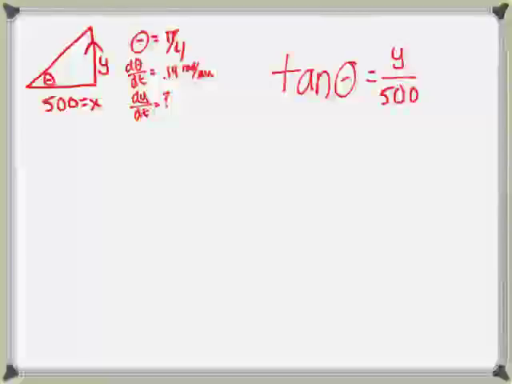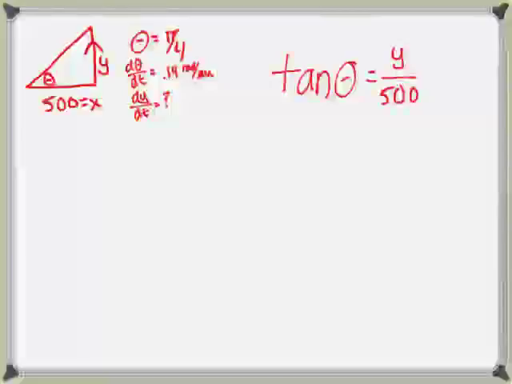So that's where in the strategy it said we can plug it in as long as it's not changing. That rangefinder is staying where it is on the ground. It's changing in terms of angle, but it's not getting closer to or further away from the point of liftoff. So since 500 is staying constant, we can plug it in. But theta is changing and y is changing, so even though we may have values for them, we don't want to plug them in yet.